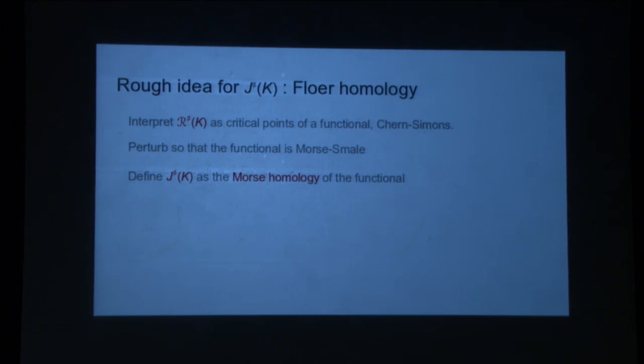What that means is that we'll perturb so the critical points are a finite set, and we'll define the instanton homology as the homology of a complex. The generators of the complex, the basis for the complex, will be indexed by the critical points, and the boundary map in the complex, its matrix entries will count flow lines.